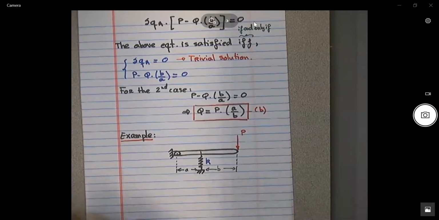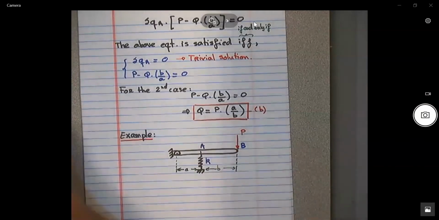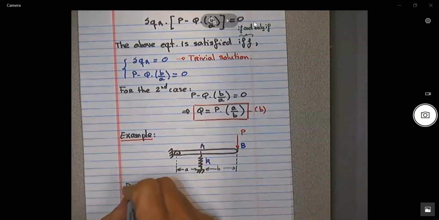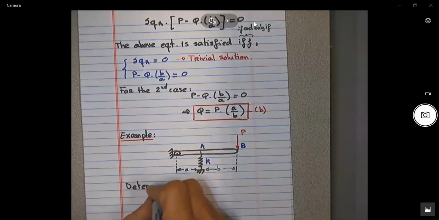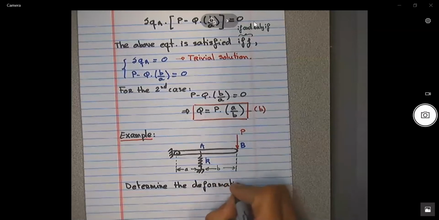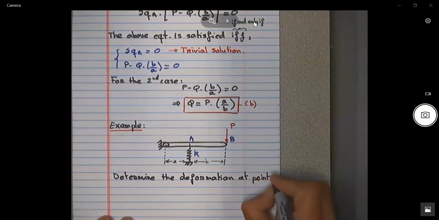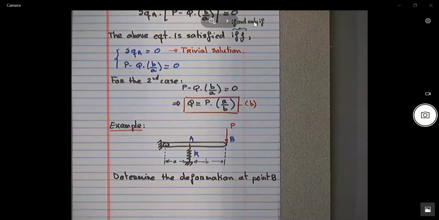Determine the deformation at point B. Now, this is where the principle of virtual work is a lot easier than doing summation of forces equal to 0.